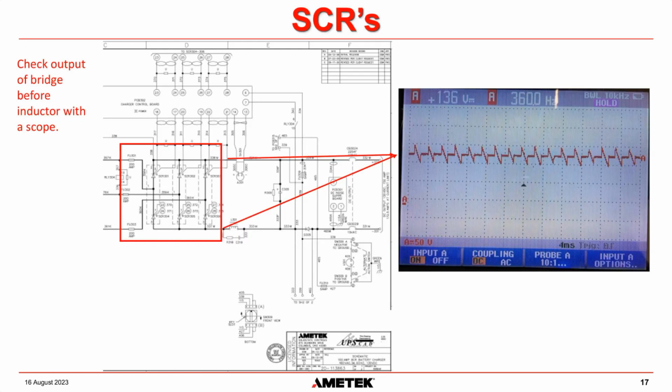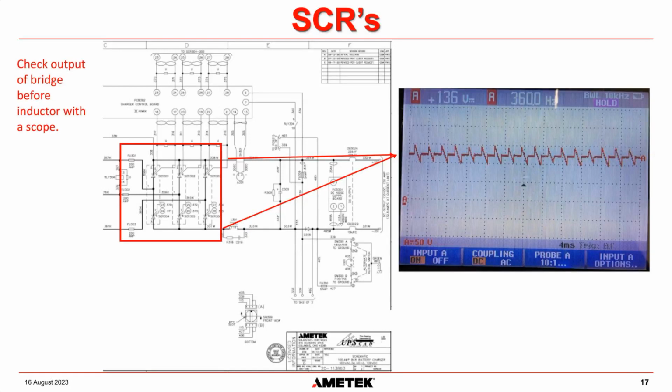Another test you can do, if you have an oscilloscope available, is check the output of the bridge. It's very important that you do it before the inductor, and you check it with a scope. You can see our inductor here, and you have to connect your probe before the inductor, because if you do it after the inductor, the capacitors will smooth out everything and it will just be a DC signal that you see.